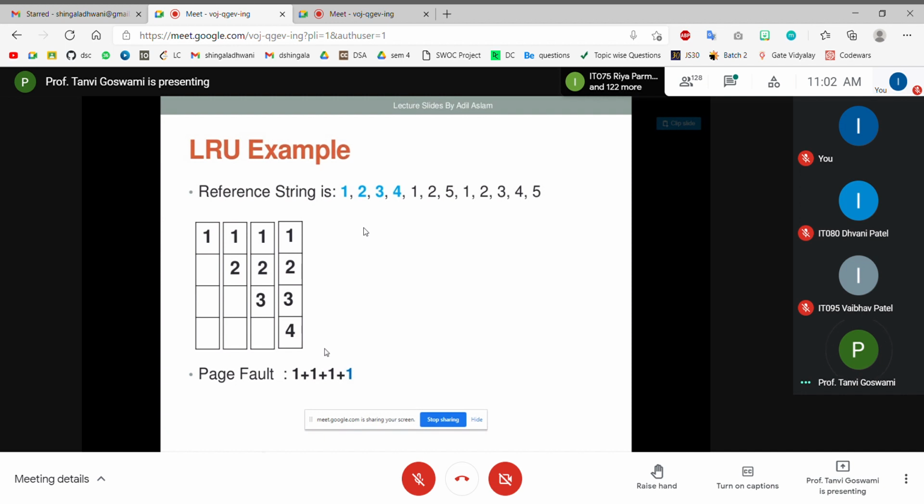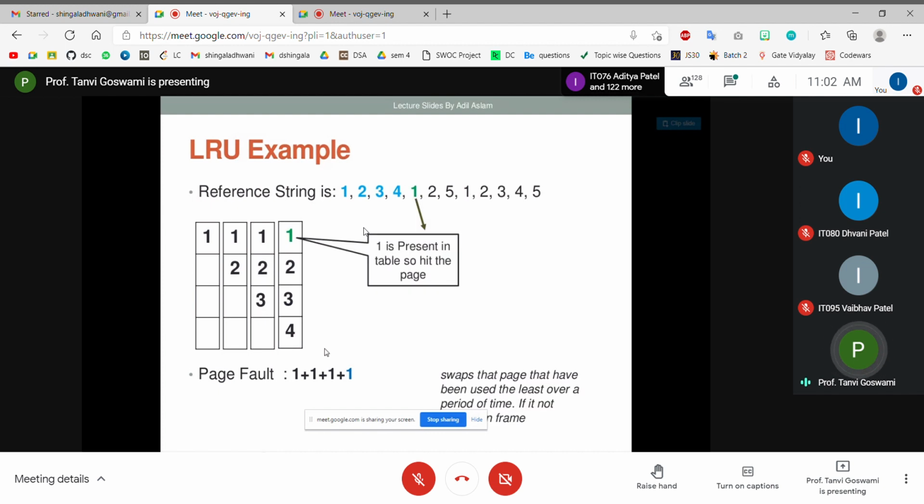Now there is a reference to 1, so it is a hit, it is already present. 2, it is a hit. So I can say that 1 and 2 are the most frequently used pages among the other pages.